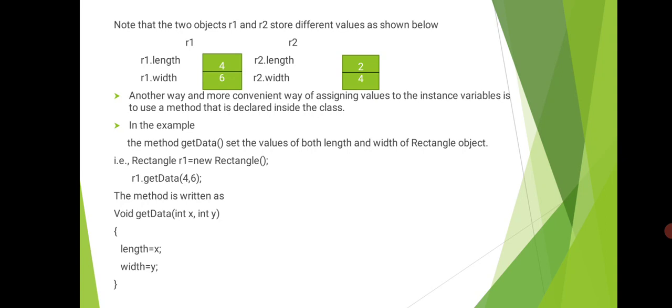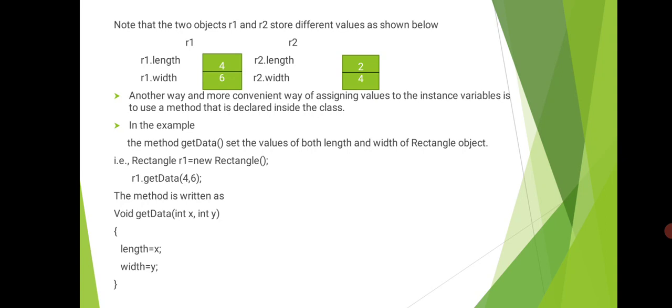We write the getData function to set values for the instance variables length and width of the Rectangle object. The method getData sets the values of both length and width of a rectangle object.